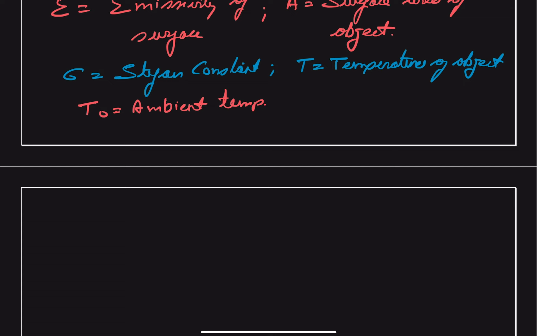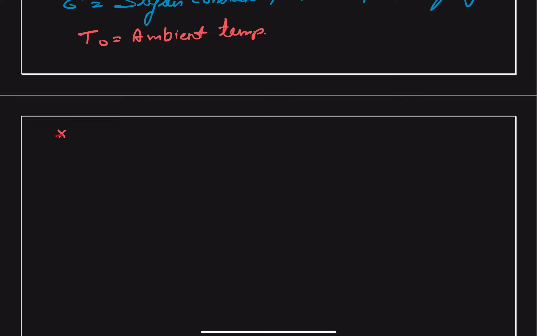Now we are going to find the value of delta Q, which is the heat energy lost by the sphere. It should be the heat lost by the object, but here the object is the sphere, so we write heat energy lost by sphere.